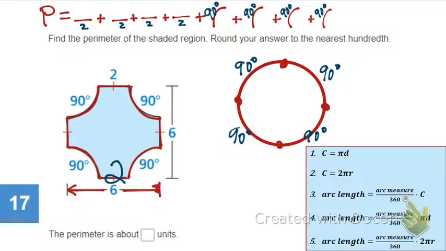So this distance right here is going to be 2, and this distance right here is going to be 2. And now you can see that the 2 for the line segment plus the other 2 that I put by the arc, those add up to 6, which is the distance all the way across. It also tells us that our arc has a radius of 2.